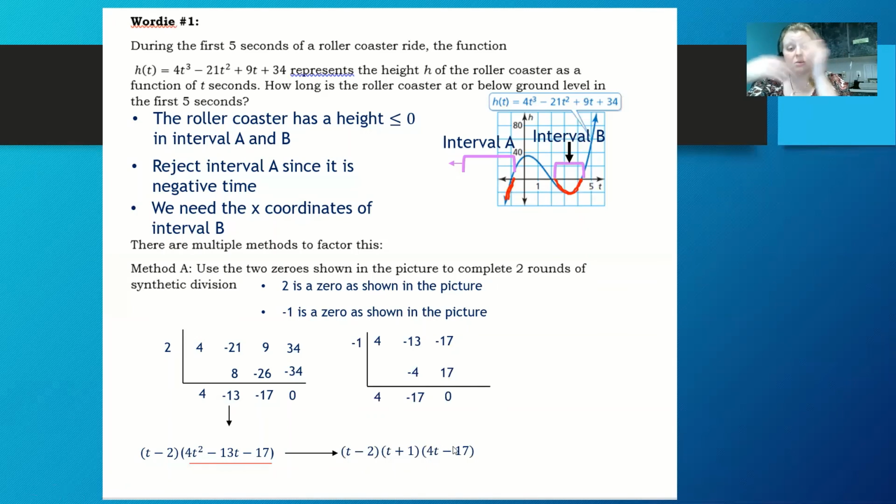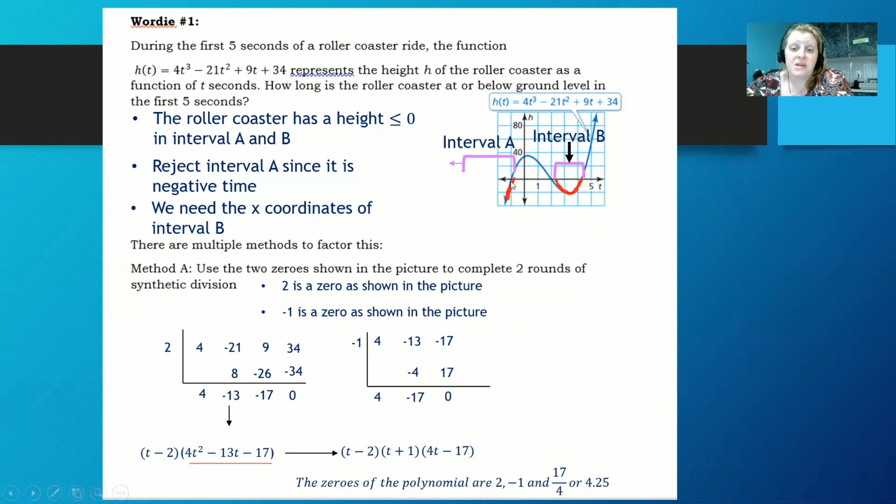Each factor will yield an x-intercept. So you would set each of these parentheses equal to 0 and solve for t. So you'll get 2 and -1, of course. We knew that those were zeros, but you can see them in the factorization. But what we didn't know was that the third 0 was at 17/4 or 4 1/4.